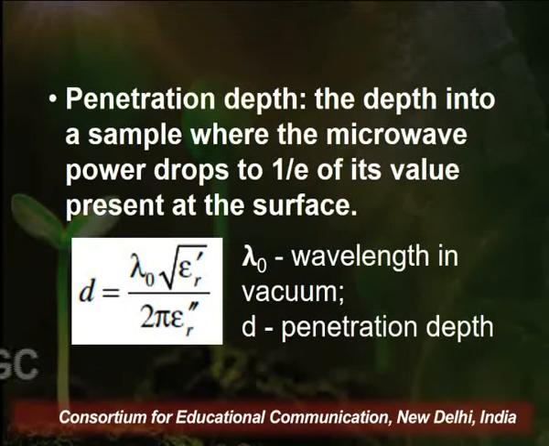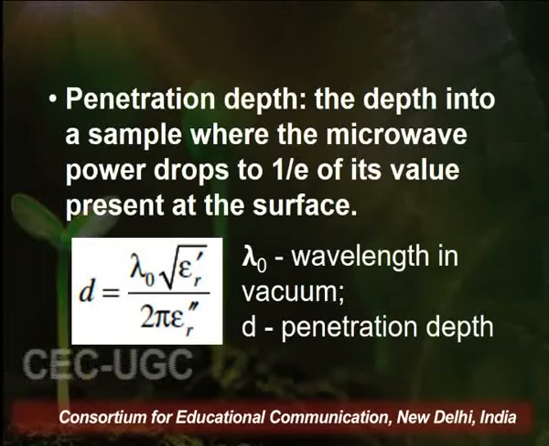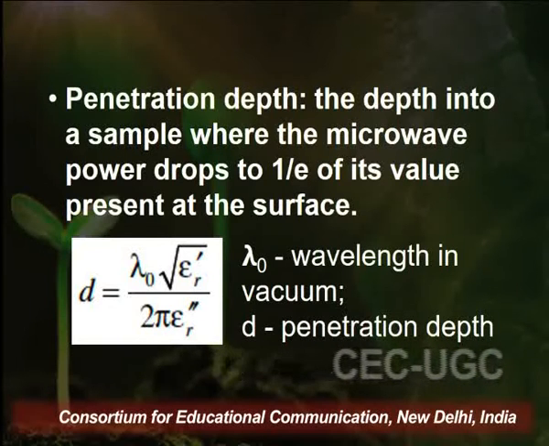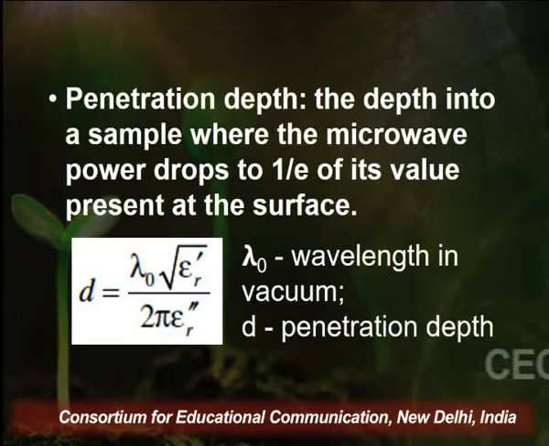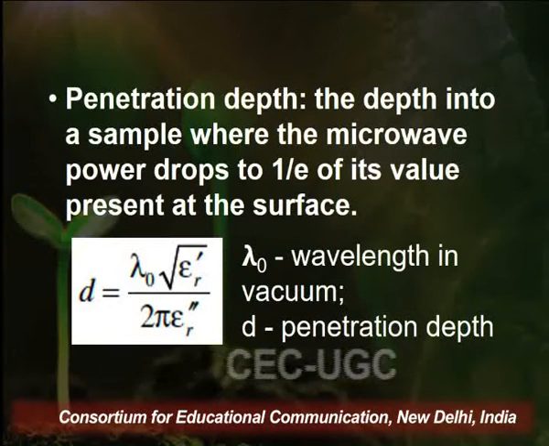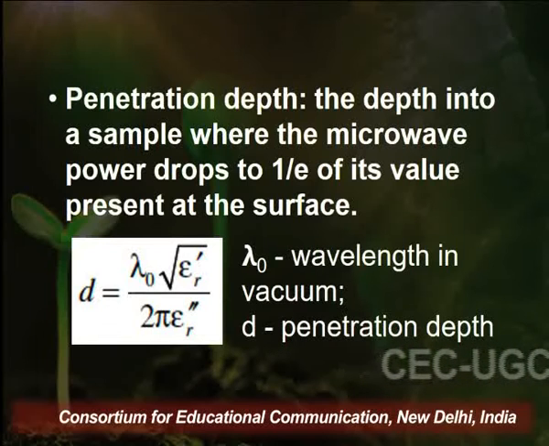If we have a setup wherein the microwaves have a very small penetration depth, then obviously the substance under microwave irradiation will have a heating effect only on its surface rather than into the depth. And this equation clearly shows the relation between the depth of penetration and the wavelength of the microwaves in vacuum.